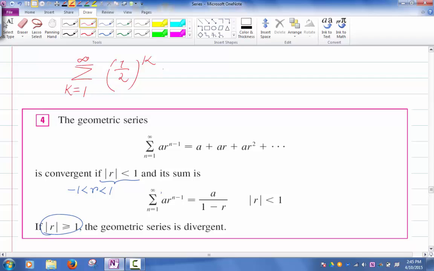Well, let's write it out. Let's write out some of the terms: half, 1 over 4, 1 over 8, 1 over 16, dot dot dot. Now, someone tell me, should this be called a geometric series? Why?